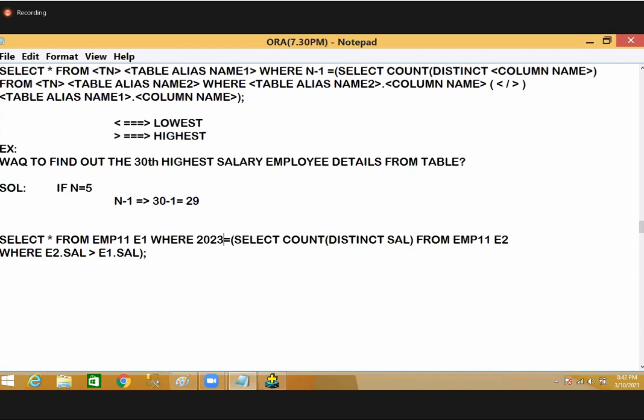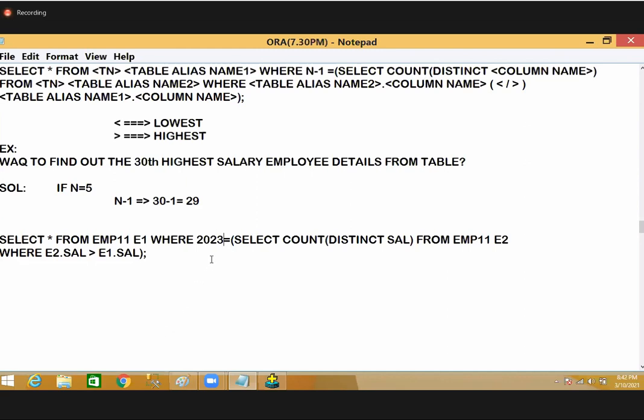But in the same scenario, if I'm asking with non-correlated, the 30th highest salary, how many queries do I need to write? In non-correlated, for the 30th, I need to write 31 queries. That means 31 subqueries I need to write.